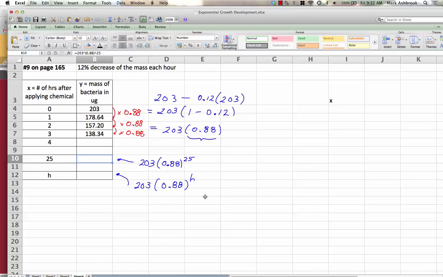You imagine 0.88 H times in a row. List it out, multiply it: H 0.88s multiplied by 203. Okay, so is 0.88 the amount of decrease? This is what we call our decay factor because it's getting smaller. So 0.88 is the decay factor.